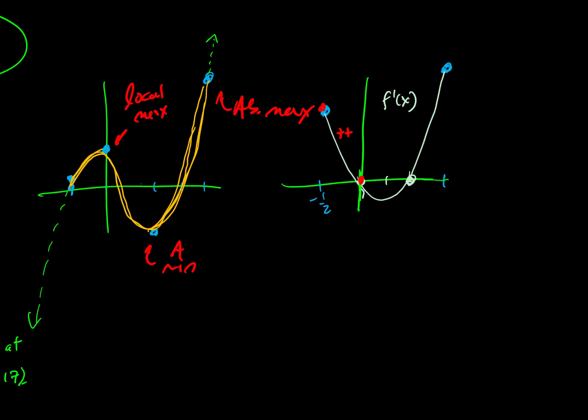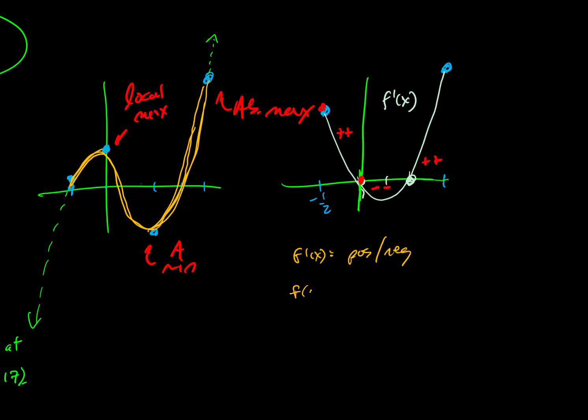It's above the x-axis. Between 0 and 2, my derivative is below the x-axis. It's negative. And then after that, I am positive again. So here, I'm thinking positive or negative, above or below the x-axis.